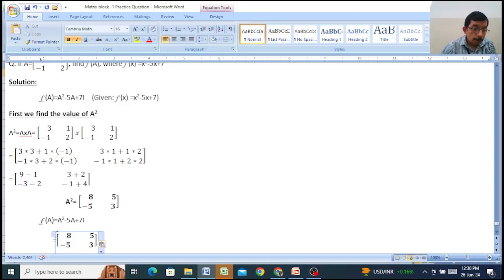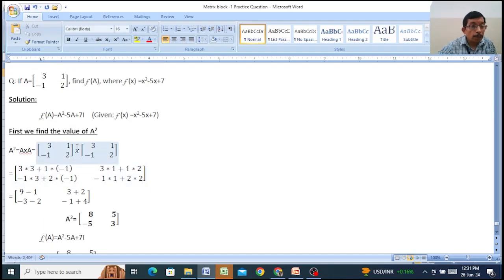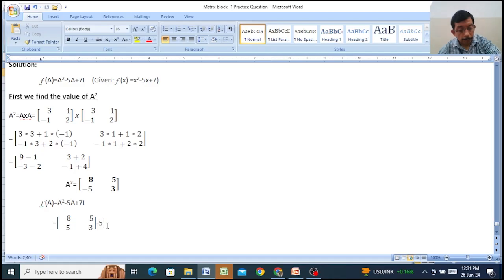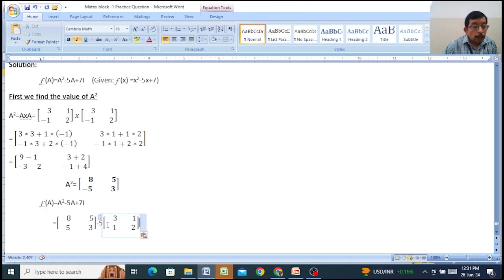The A square value is given. After that, minus 5A. The value of A is also given, note down here. And the last term is 7I.